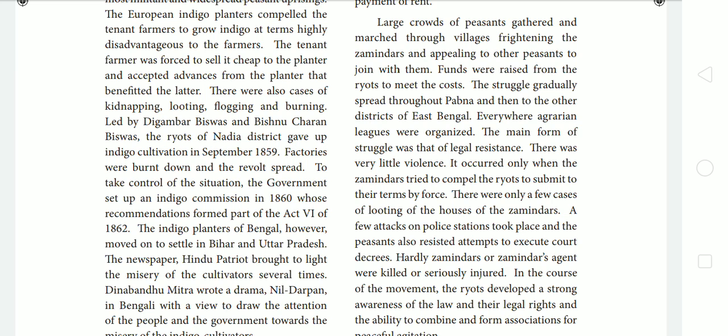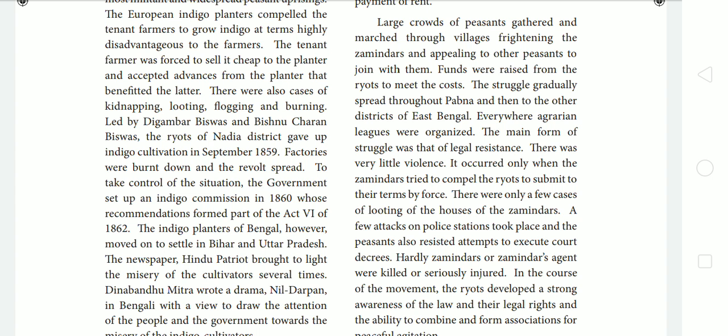Okay, so decrees means the court orders. Looting the houses of zamindars was rare. A few attacks on police stations took place during the revolt. So hardly any zamindars or zamindars' agents were killed or seriously injured in this revolt.